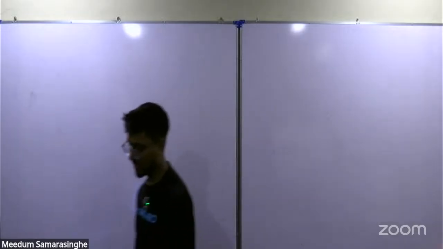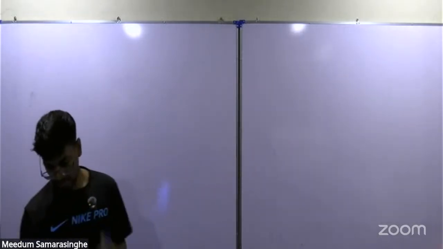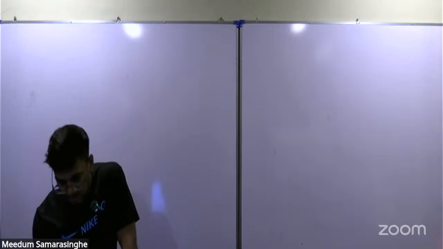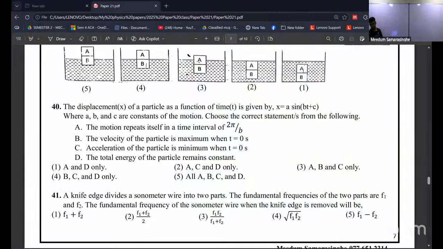Next question, the 40th one. The displacement x of a particle as a function of time is given by x equals a sine bt plus c, where a, b, c are constants of motion.